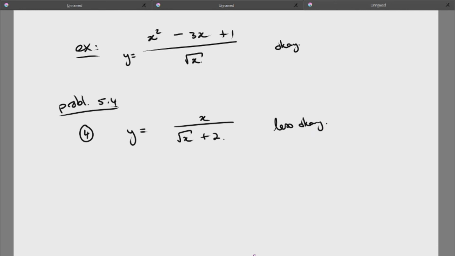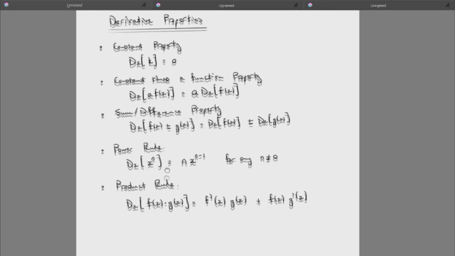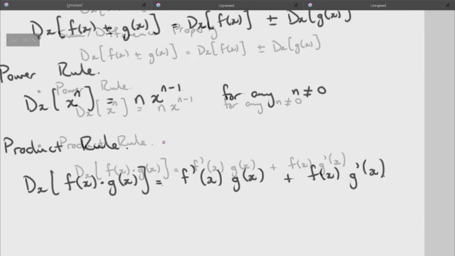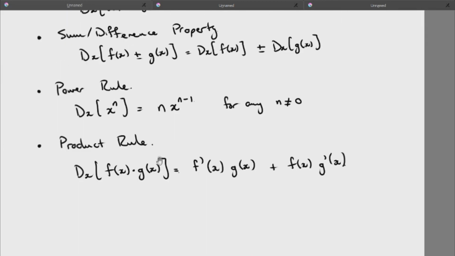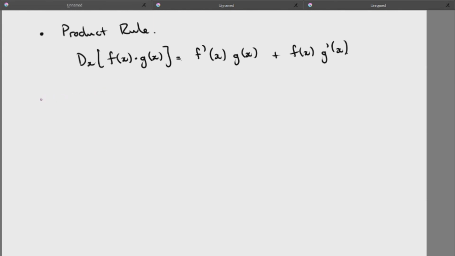I can't simplify that and get to a point where my current list of properties will do the job. Can't do it. I can't get rid of that fraction aspect. I need a property to tell me how to handle fractions or fraction-like functions. It is the quotient rule.